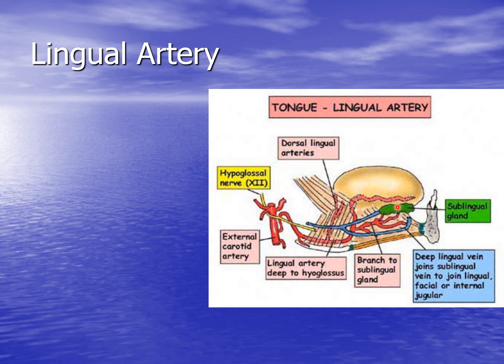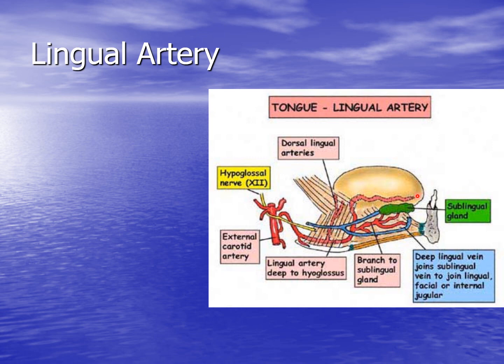This is called the sublingual gland. And if you look at the lingual artery, this is the lingual artery here. It makes an upward loop like this, and then it passes deep to the hyoglossus muscle, and then it passes upwards till it reaches the tip of the tongue.